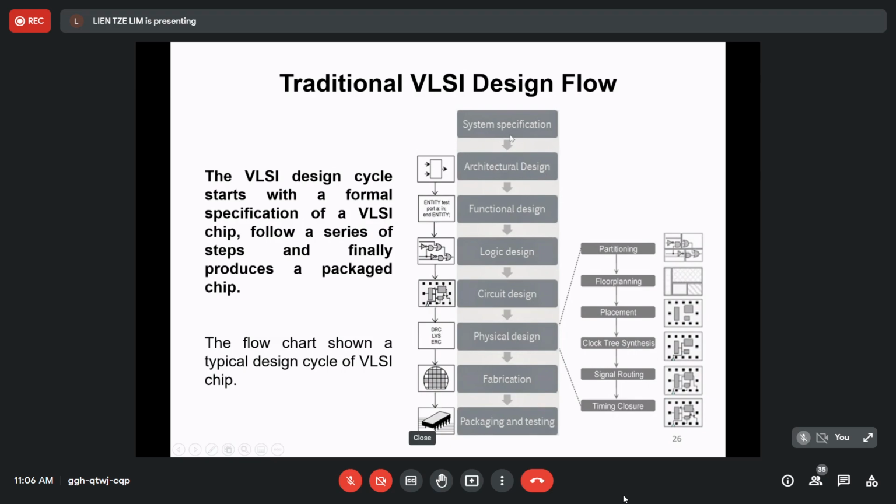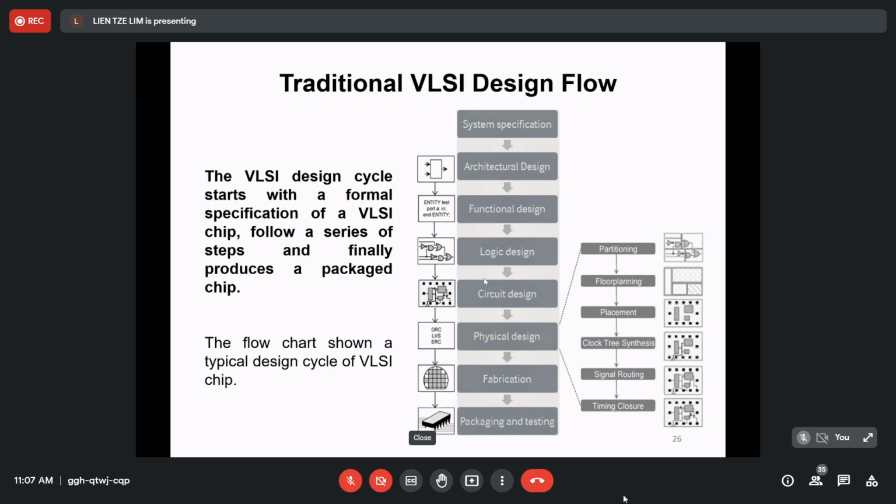Before we start to design, the specification of the IC must be determined first. These design cycles are gone through when we have determined the specifications of the IC to produce.